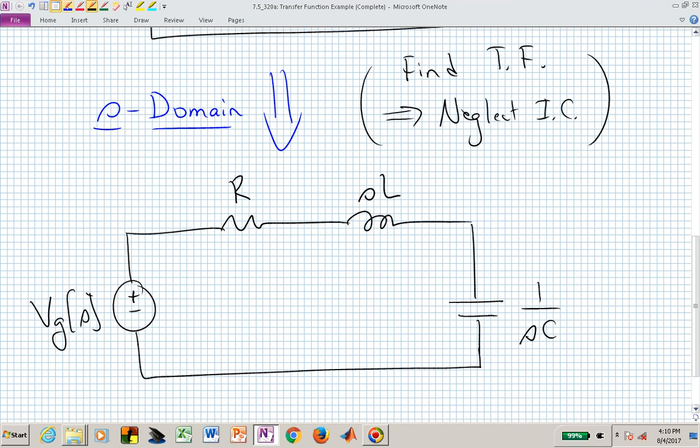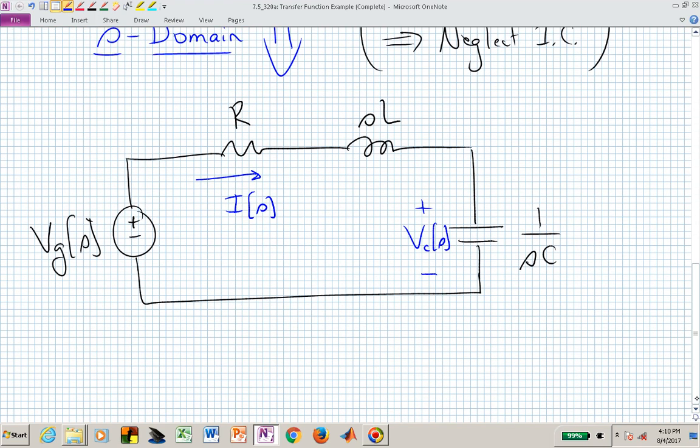We might be interested in the current in that series circuit. Maybe we are interested in the voltage across the capacitor. As I said, we want to identify a couple of different transfer functions associated with the same circuit so that you get comfortable with the idea that you can have multiple transfer functions associated with the same electrical circuit.